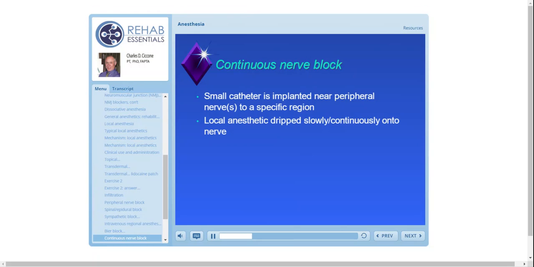Once again, we're not putting the needle or the catheter directly into the nerve, but very close to it, so that this anesthetic can continuously bathe the nerve and maintain that anesthetic effect. And it allows excellent postoperative pain control because it's an anesthetic. It's not an analgesic. That patient will not feel their leg or their arm.